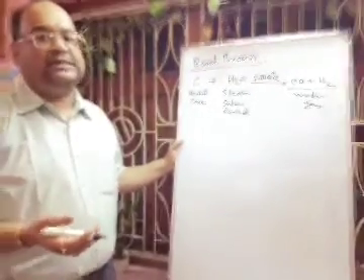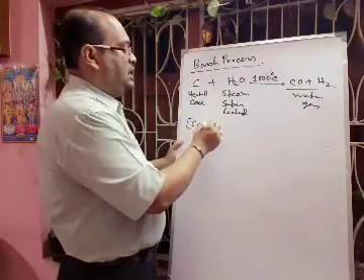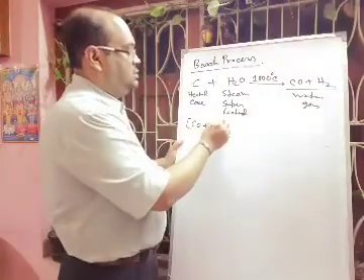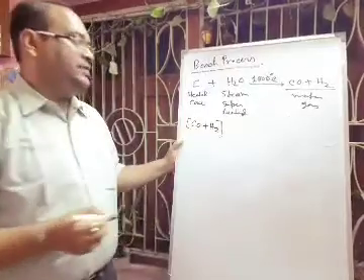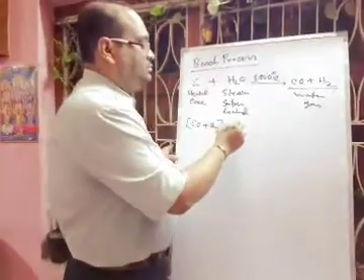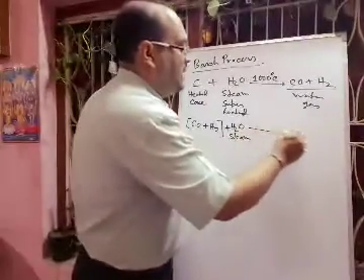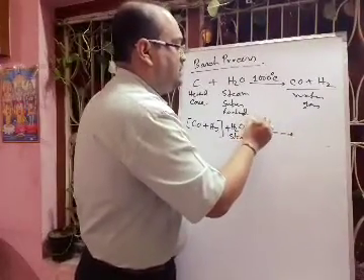So what is the reaction here? CO and hydrogen, this is the water gas. This gas again reacts with steam, and here the catalyst required is Fe2O3.